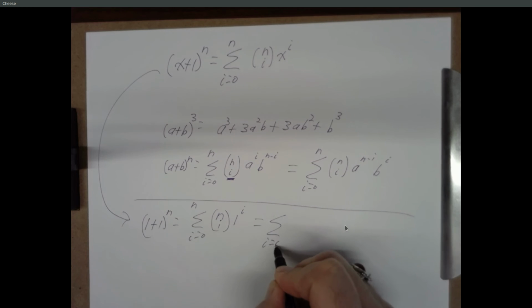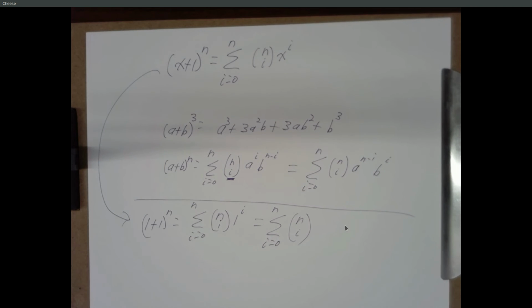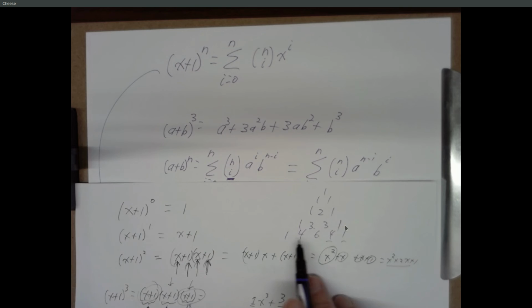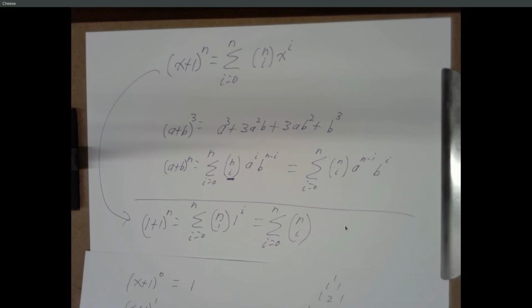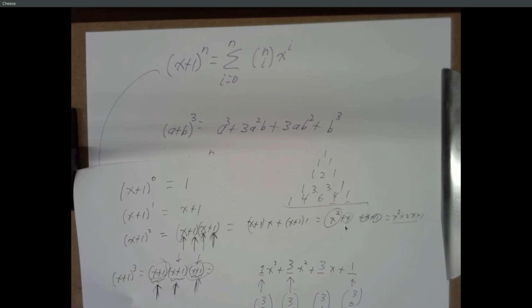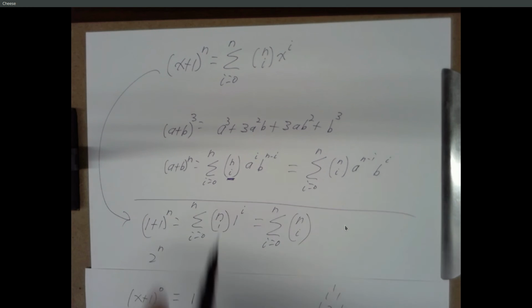So this is the sum from i equals 0 to n of n choose i. And that tells us that if we add up the elements of Pascal's triangle on the nth row, we should get 2 to the n, because 1 plus 1 to the n is just 2 to the n. And that's another way to see this cool little fact that if you add up across here, you get successive powers of 2. And it pops right out of the binomial theorem. So this is called the binomial theorem. The fact that this is true.